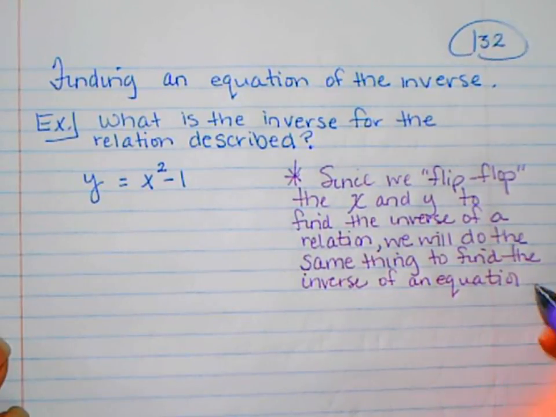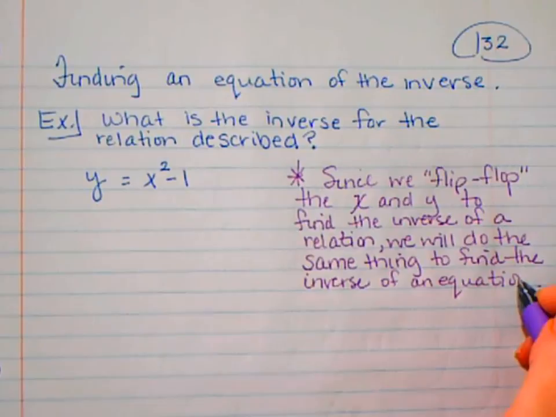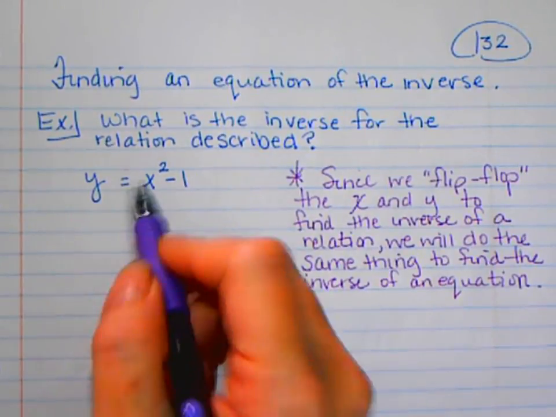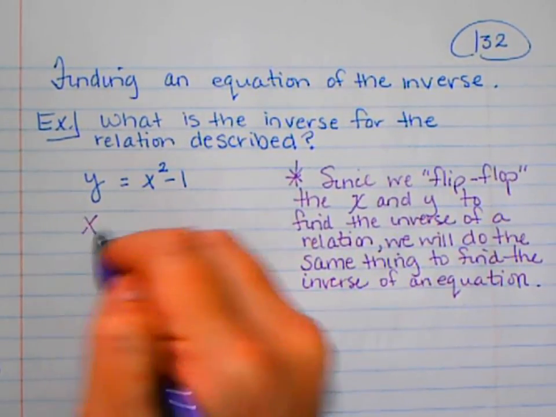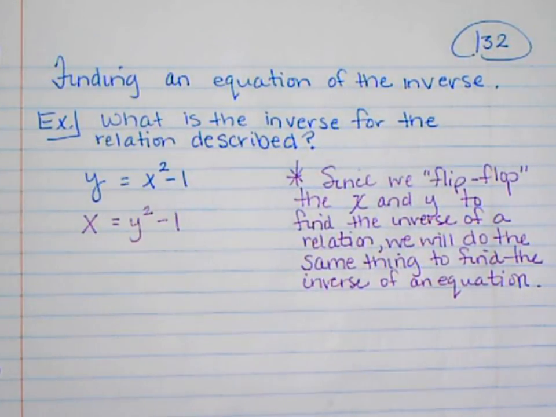And the equation is a relation written as an equation. So y equals x squared minus 1 will become x equals y squared minus 1.